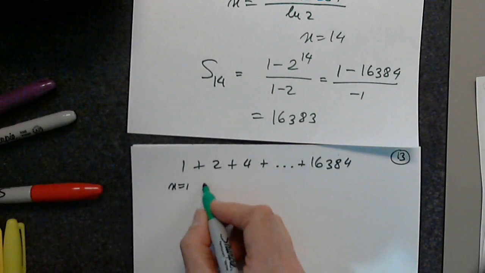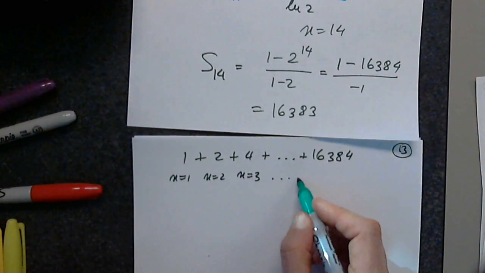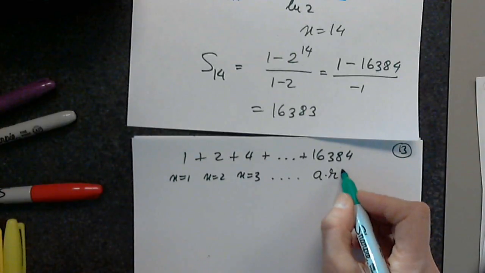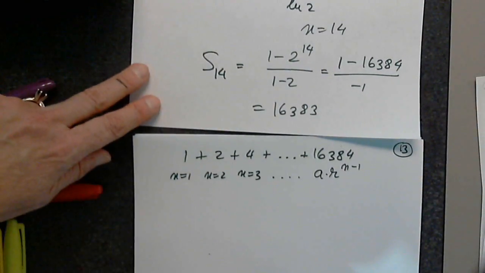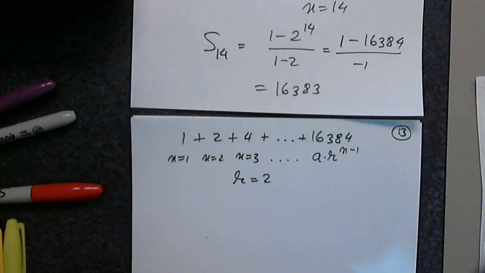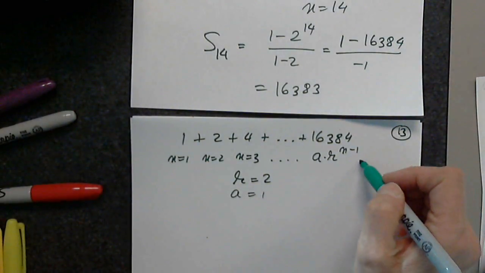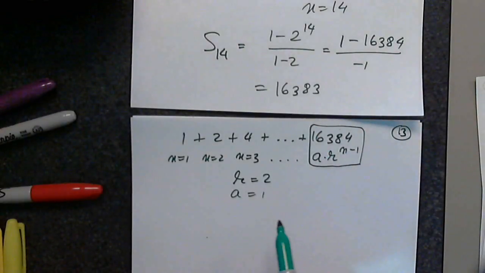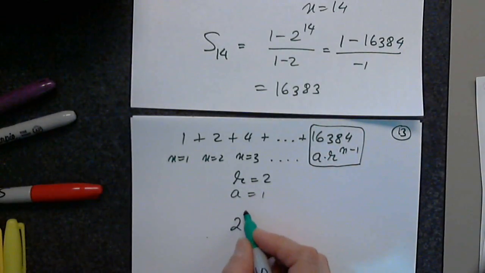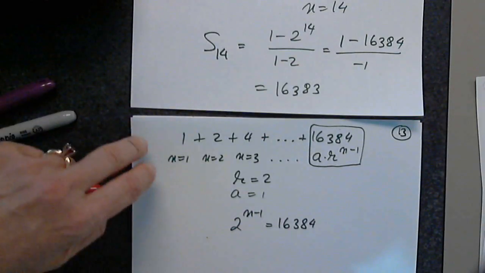This is when n equals 1, this is when n equals 2, and this is when n equals 3. And this is a multiplied by r to n minus 1. We already established that r is 2 and a equals 1. So I will equate these two: 2 raised to n minus 1 equals 16384.